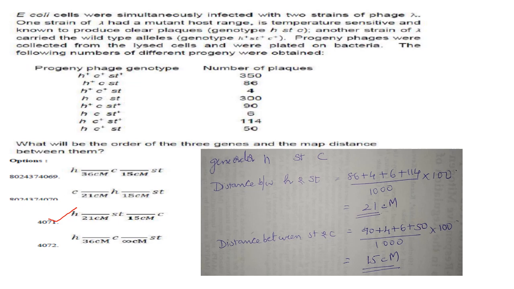The distance between H and ST is single crossovers plus double crossovers times 100 divided by total progeny, so that will be 21 centimorgan. The distance between ST and C is the number of single crossovers plus the number of double crossovers times 100 divided by 1000, that will be 15 centimorgan. So the answer here is option C.